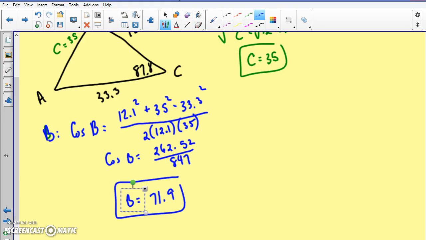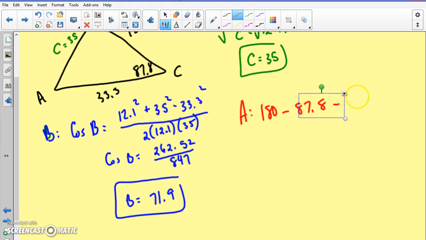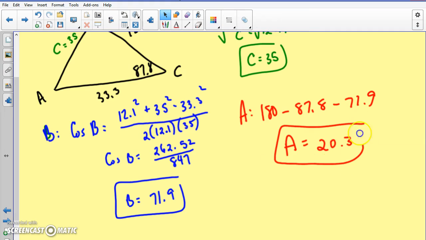Okay, so when we plug it in, it gives us 262.52 over 847, and then again, since you're looking for the angle, it's second cosine, divide the fraction. We get an answer of 71.9, and then our last step is to find that last remaining angle, so we subtract the two angles from 180, and then we get angle A to be 20.3.